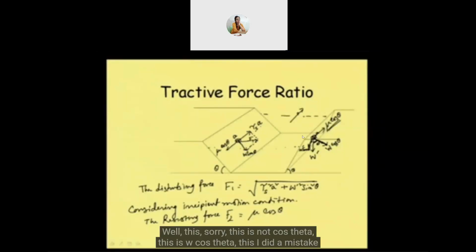I made a mistake in writing here. This is not cos theta, this is W dash cos theta. Again, dash is always coming, W dash cos theta. This effective weight of the soil will be significant there. So I should write this as mu W dash cos theta.